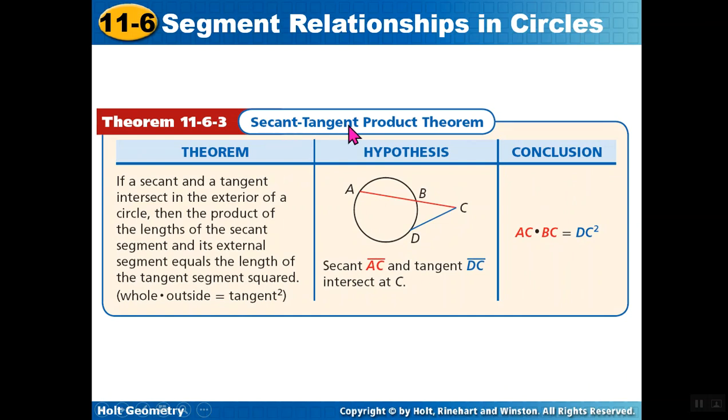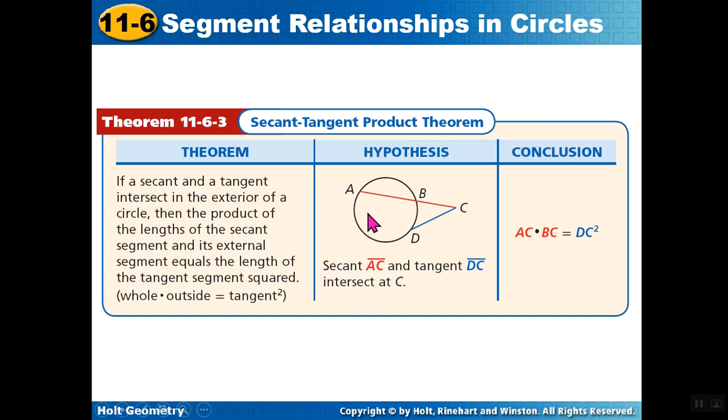Secant tangent product theorem. If you remember, in the first theorem we had two parts for each chord. In the second theorem, we had four parts: one interior and one exterior for each of the two secants.